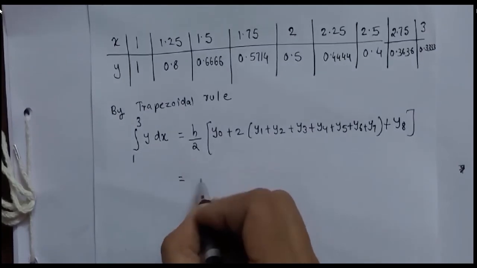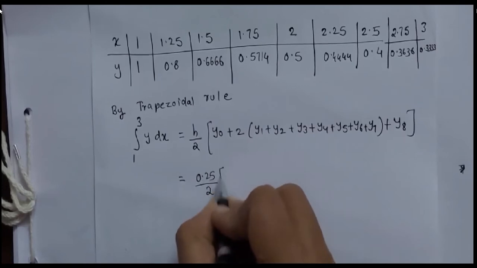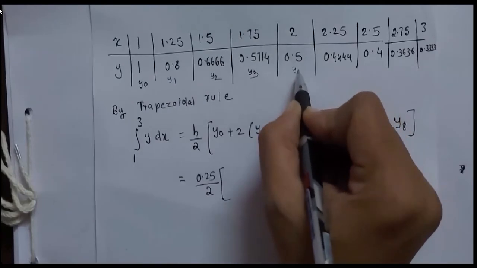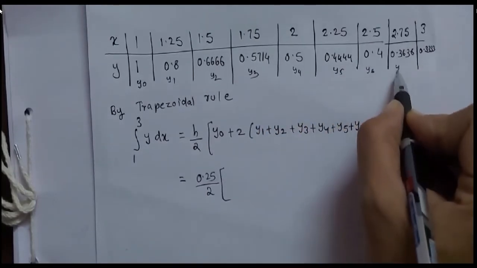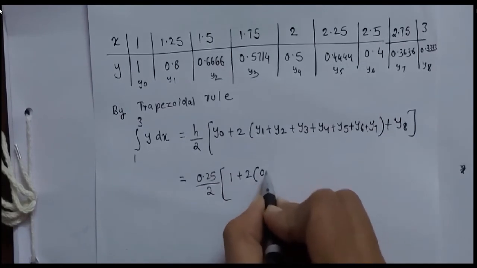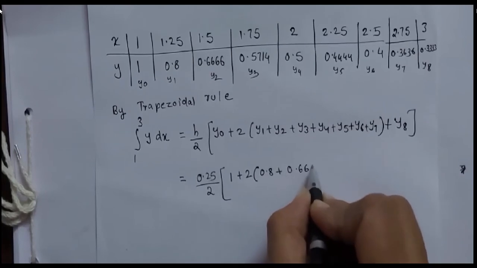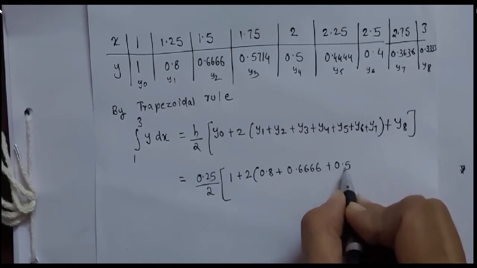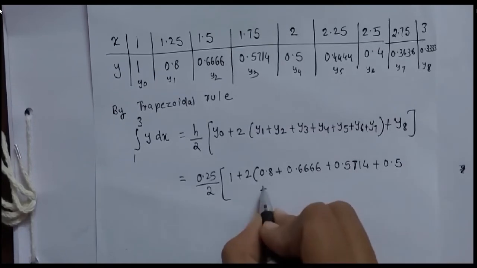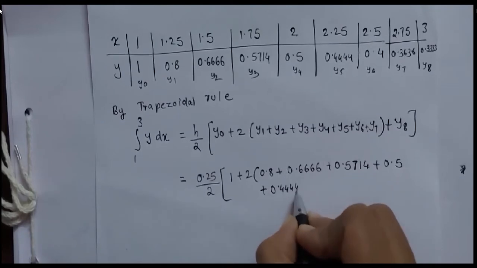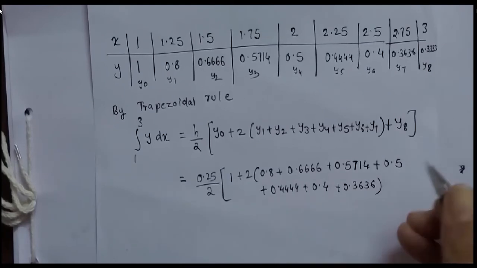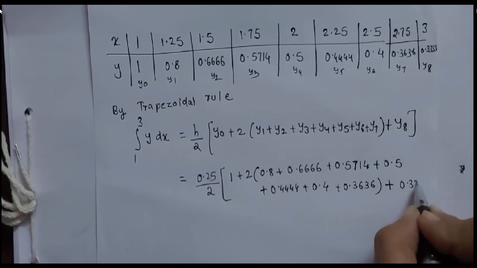Then h we know that 0.25 divided by 2. Value of y0, y1, y2, y3, y4, y5, y6, y7, y8. y0 is 1 plus twice 0.8 plus 0.6666 plus 0.5714 plus 0.5 plus 0.4444 plus 0.4 plus 0.3636 and 0.3333.